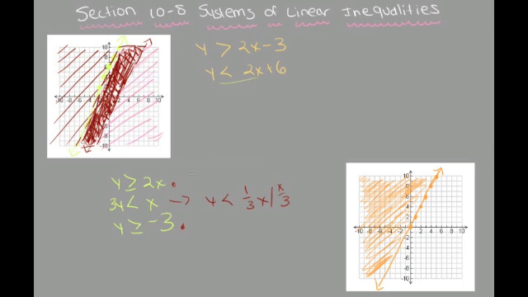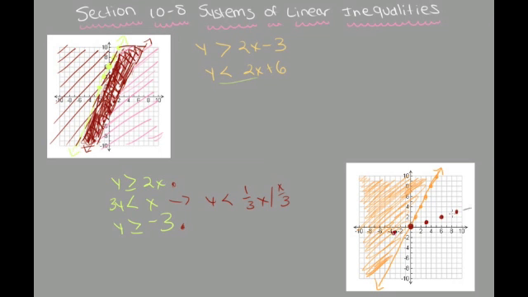And let's do our next one. y is less than or equal to 1/3 x. That would also be at 0, 0, and then 1 over 1, 2, 3, repeated along the line.